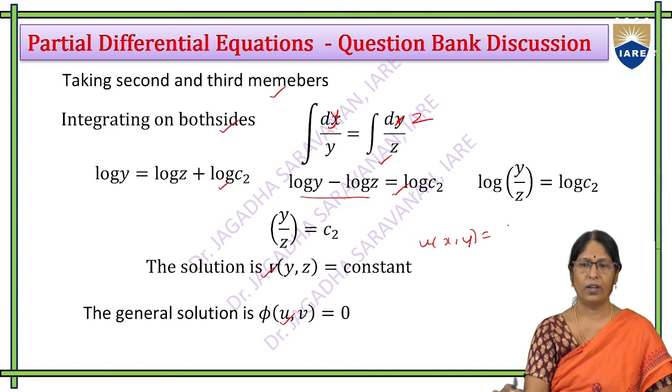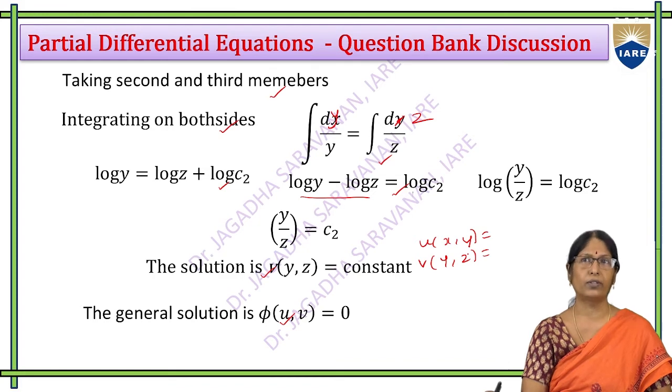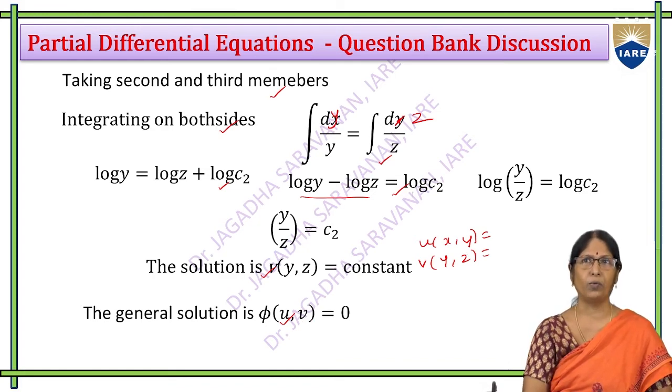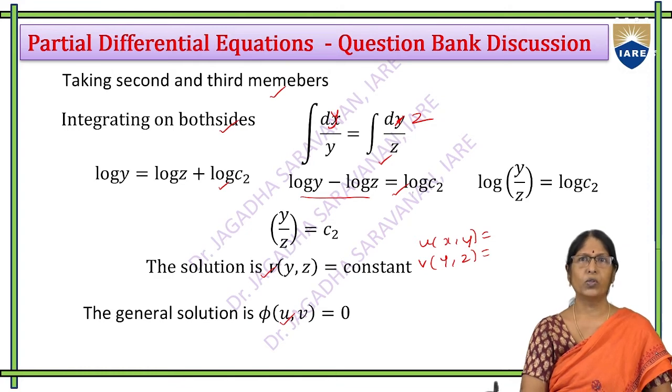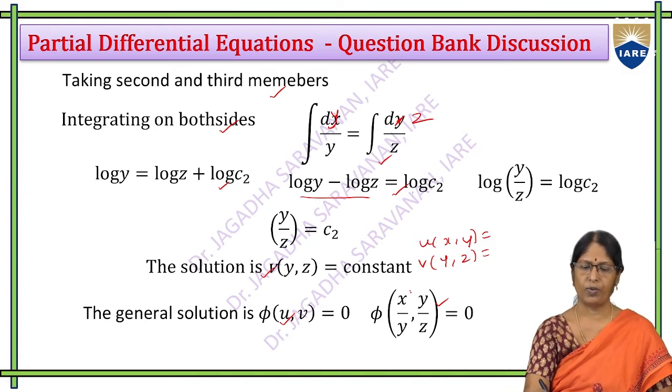Now we obtained v of y comma z. So put together, the general solution we can write is phi of u comma v equal to 0. So this particular problem we discussed in detail. So this is the final result we obtained. The solution: first one we obtained x by y, second one we obtained y by z.